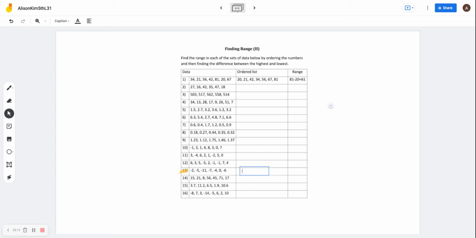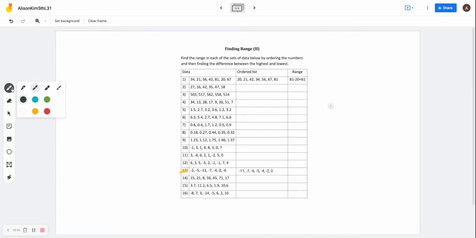So in this case, -11 will be the smallest, and then -7, and then -6, and then -5, and then -4, and then -2, and then 0. So let's make sure I have all the numbers. 2, 4, 6, 7, 2, 4, 6, 7. Good, we have all the numbers.